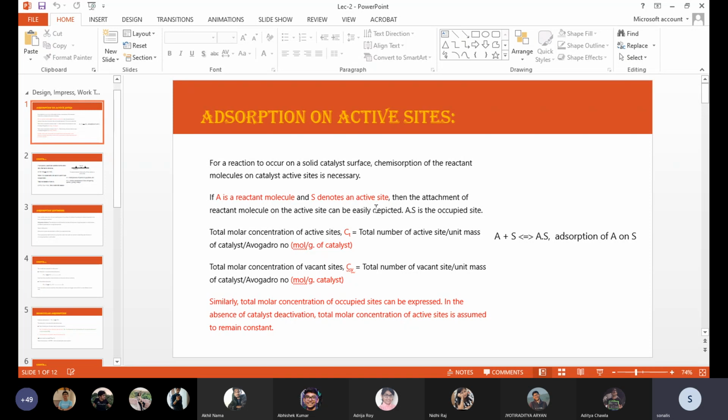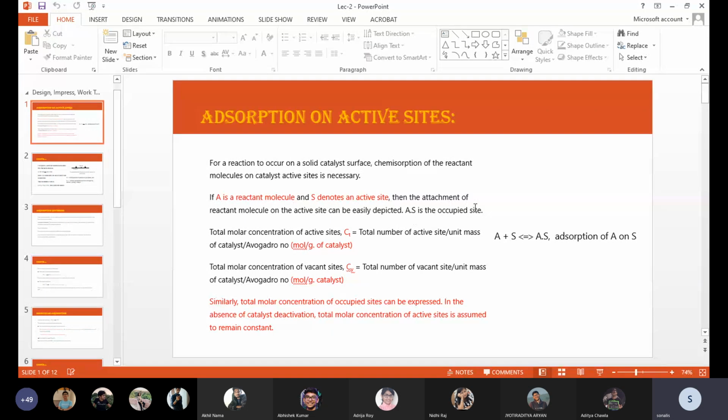Those are highly active. They can accept the reactant molecules to get adsorbed on them, for the reaction to happen on them, and then desorption of the product.